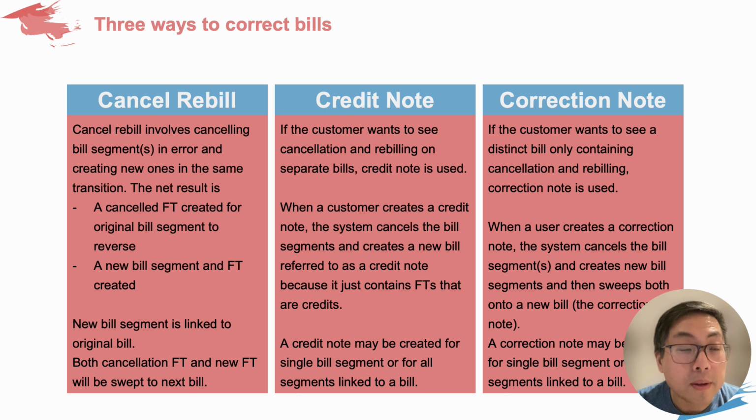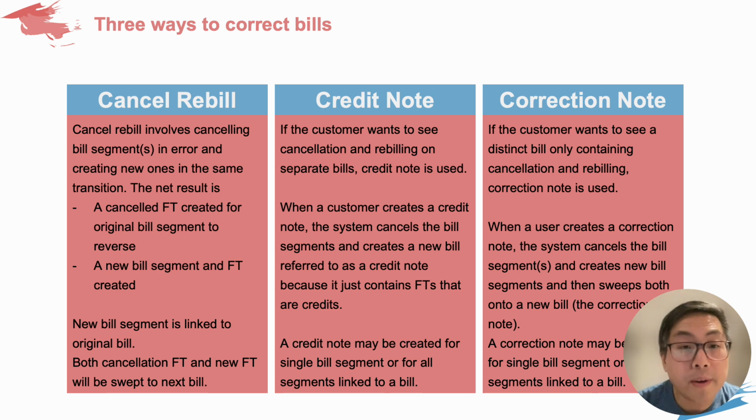So this credit note may contain other financial transactions, but that's a similarity with cancel rebill, because cancel rebill could have other financial transactions. Now the last one is correction notes.